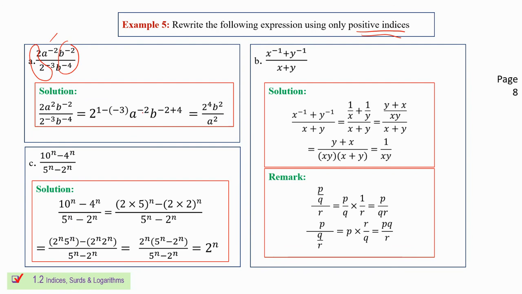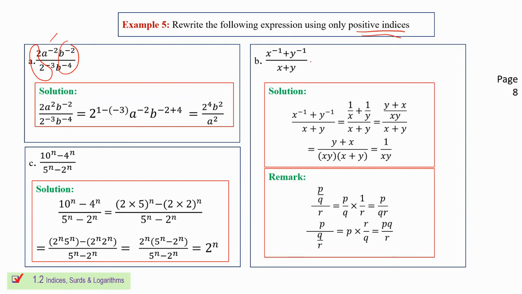And then A is alone, so we copy back. And B is negative 2. This one is divide, so minus 4 becomes plus 4. So we sum everything and we get 2 power of 4, b power of 2. Why is the 2 underground? Because it said that it must be using positive indices.